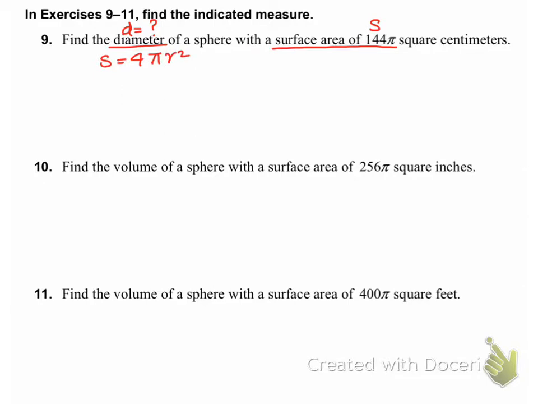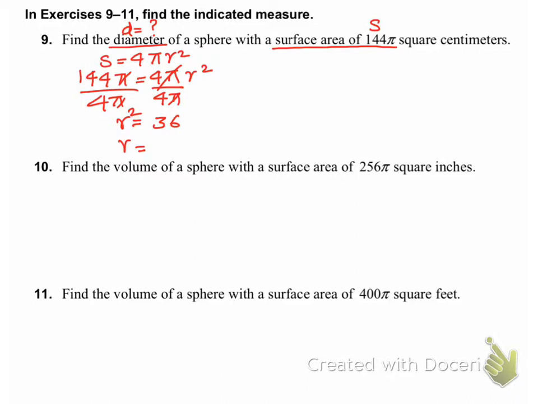So plug it in. S is already given, 144 pi, that is 4 pi r square. Let's divide both sides by 4 pi because I have to isolate r, so that's gone. r square is what? Just divide it, you'll get 36, and r is what?